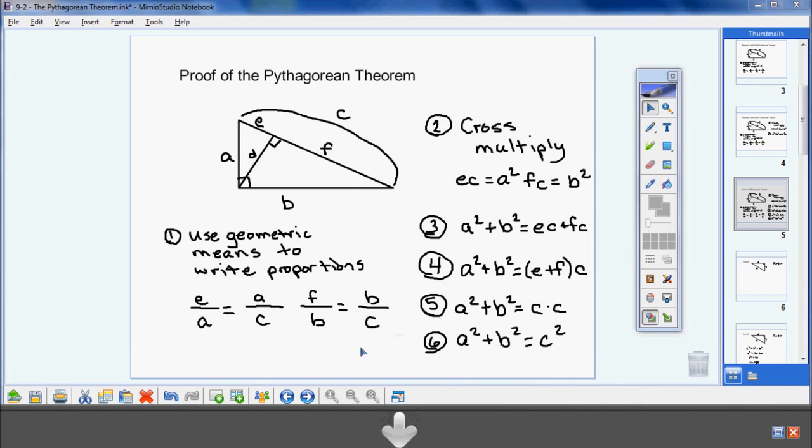So a very nice little bit of algebra that comes down through and shows why A squared plus B squared equals C squared. I would like you to jot that down in your notes. Even though I'm not going to ask you to prove the Pythagorean theorem, it is really good for you to get a good sense of why something is true.